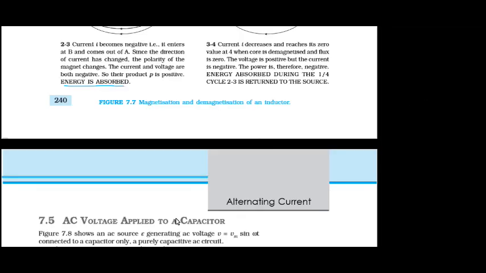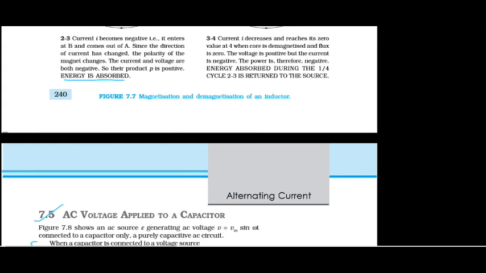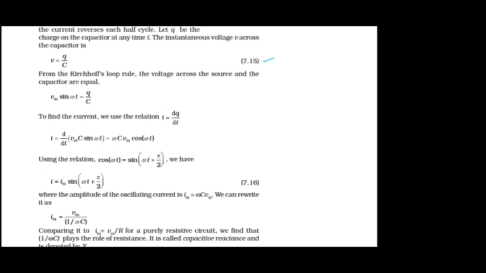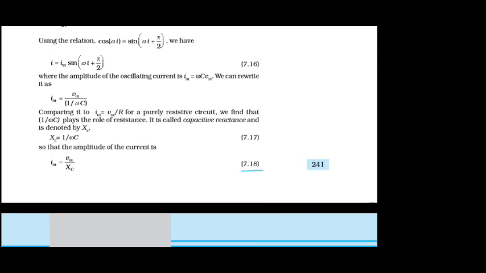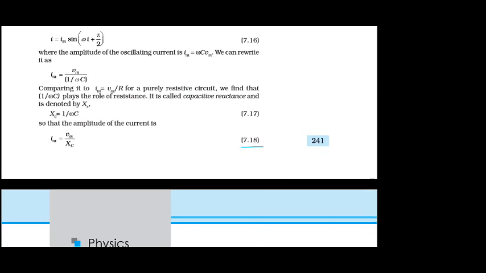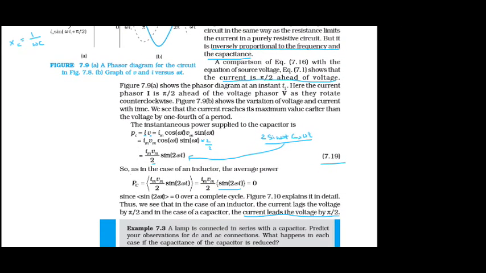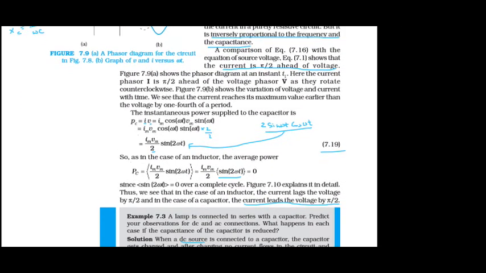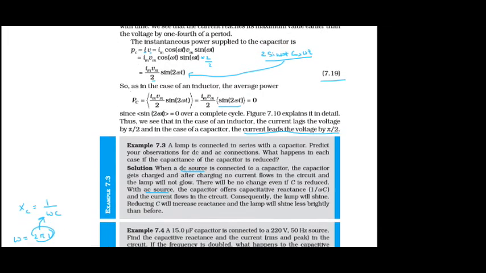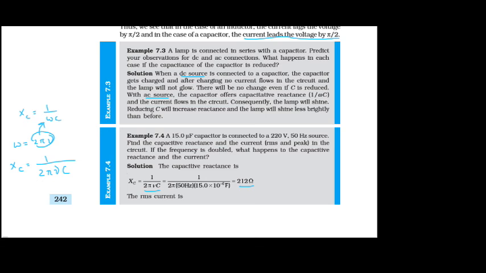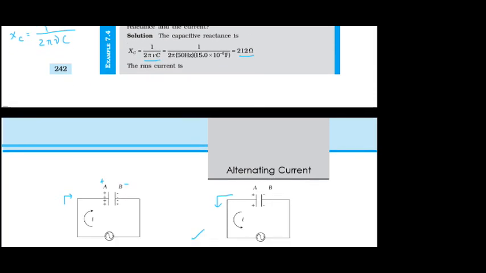Today we started with 7.5, AC voltage applied to a capacitor, and we found the different derivations for amplitude, current, power, etc., and we have solved a few sums with these concepts.